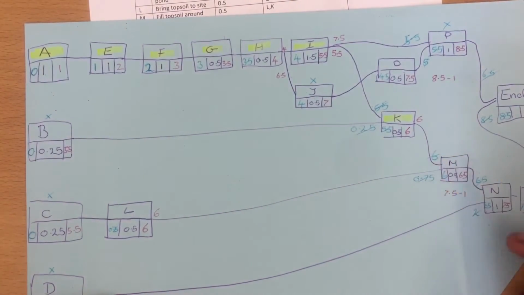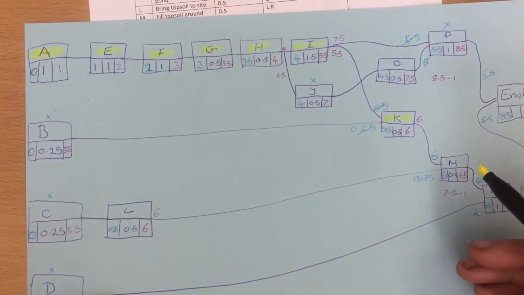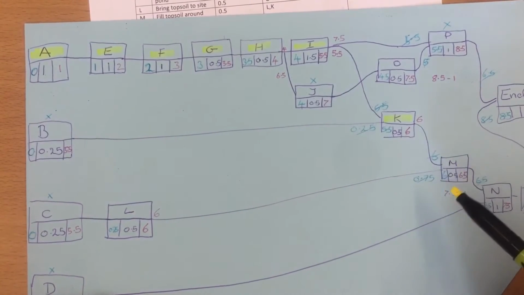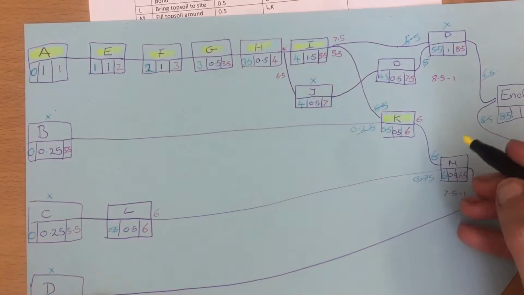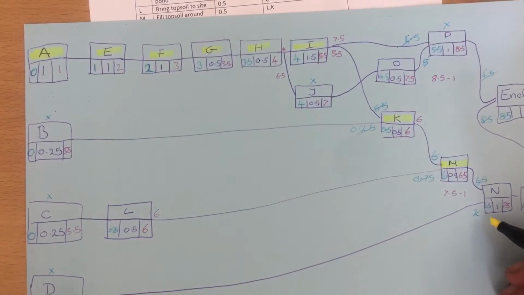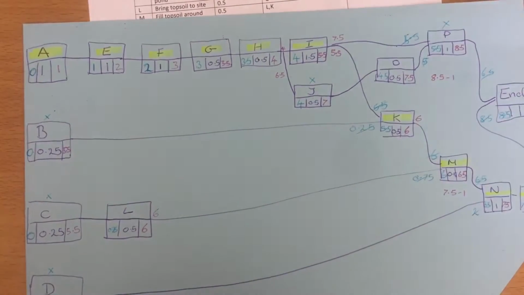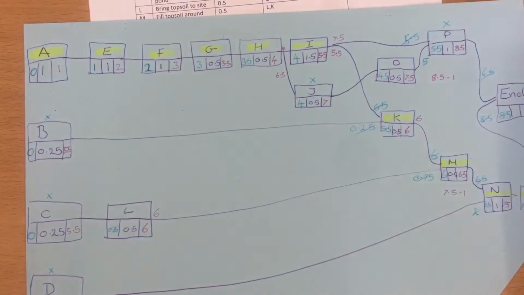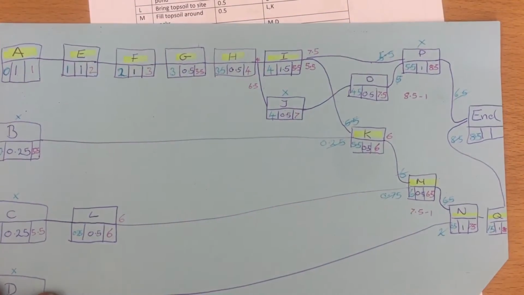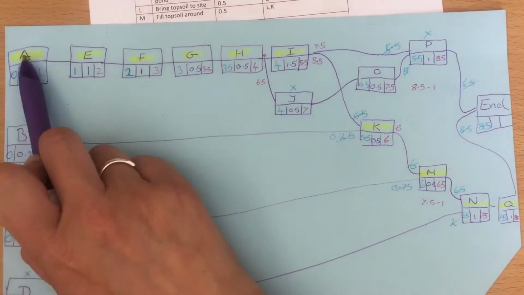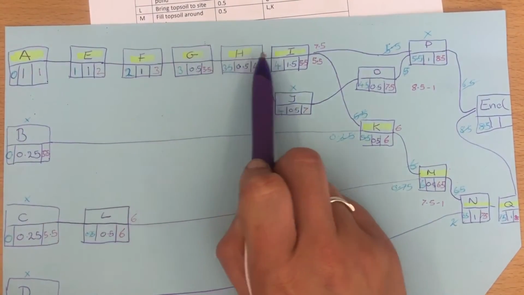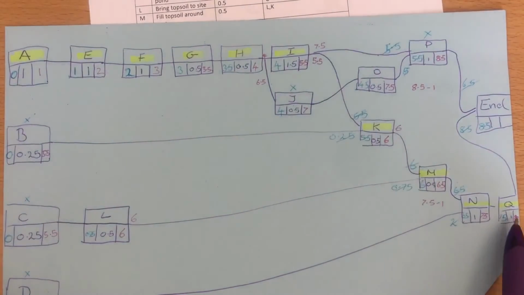Then we've got this one, so 6 plus 0.5 is 6.5, 6.5 plus 1 is 7.5, 7.5 plus 1 is 8.5. So we have our critical activities. So our critical activities are A, E, F, G, H, I, K, M, N, Q.